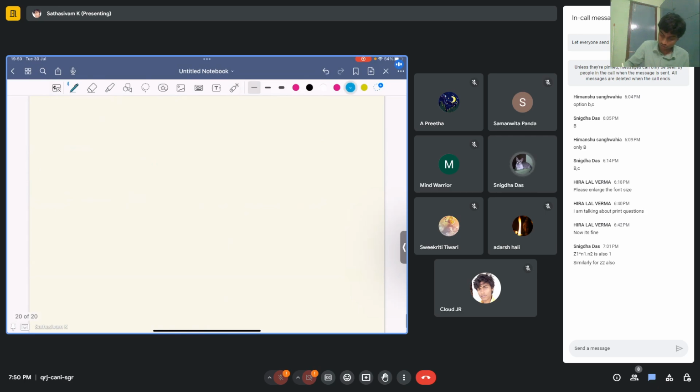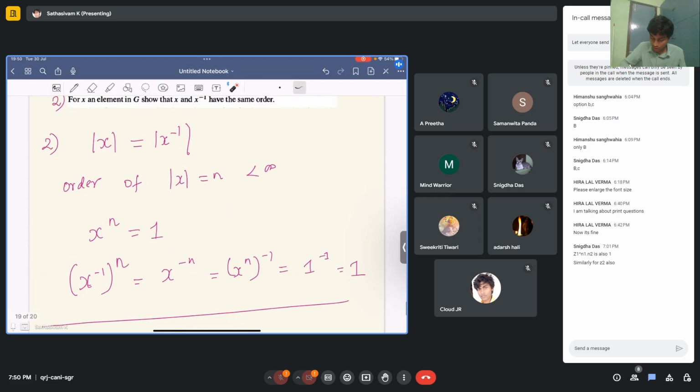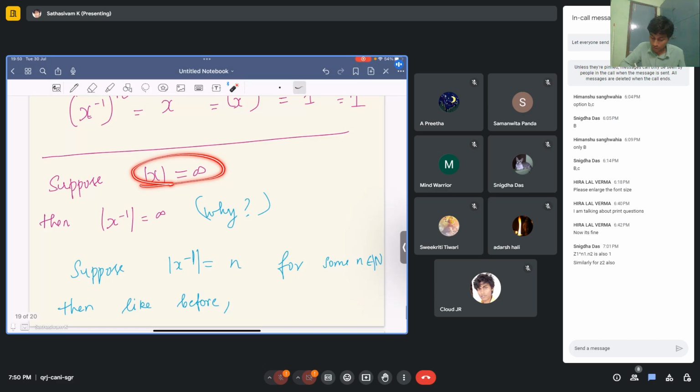Because we are dealing with two cases: one is the order of x is n, another is the order of x is infinity. So the question is, is there a group in which there is an element which has an infinite order?